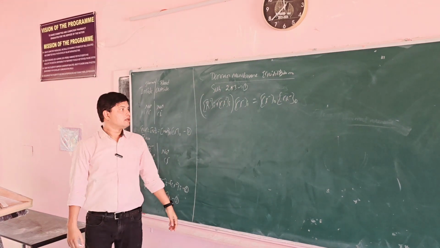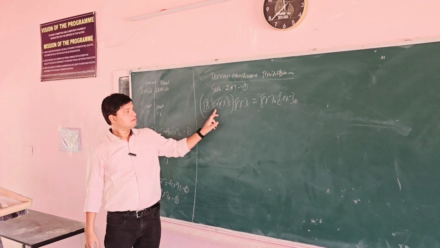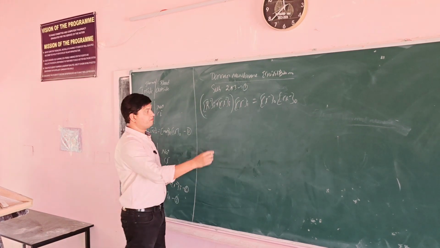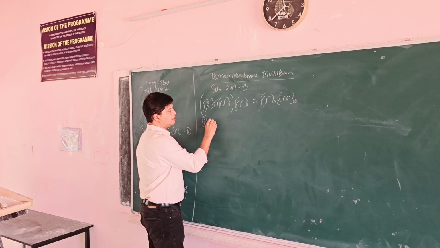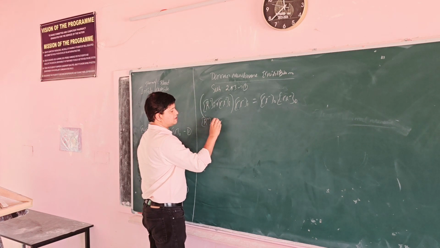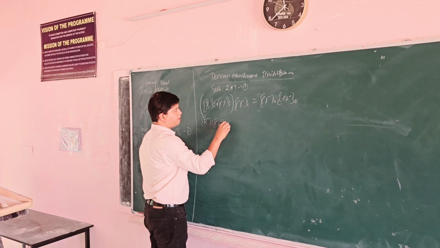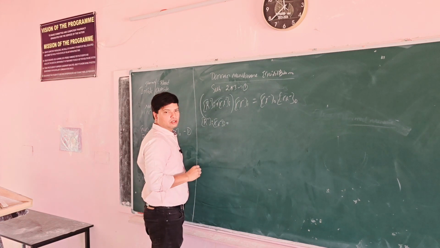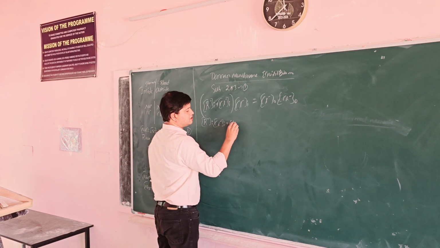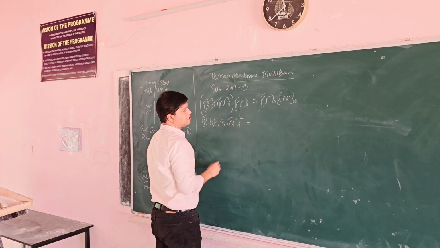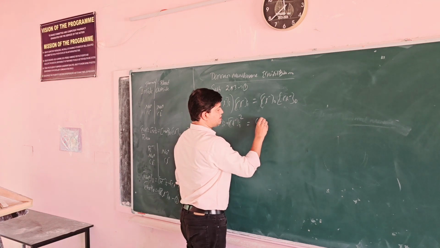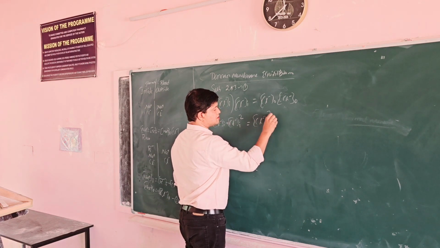Now multiply this. R minus inside multiplied by Cl minus inside plus Cl minus inside square is equal to Cl minus outside square.